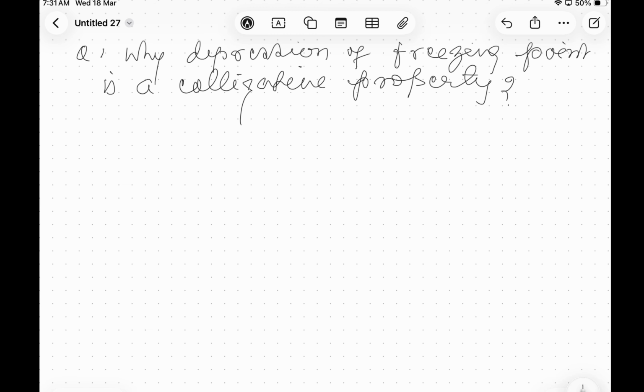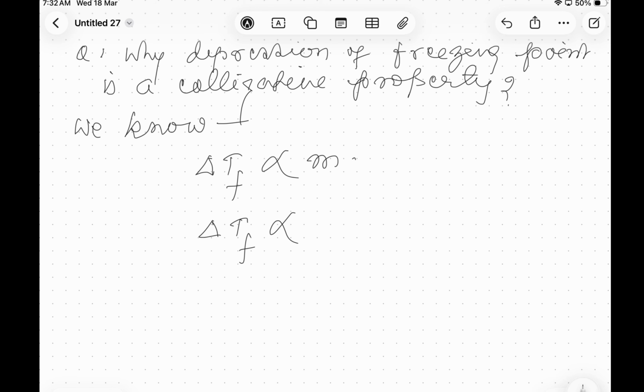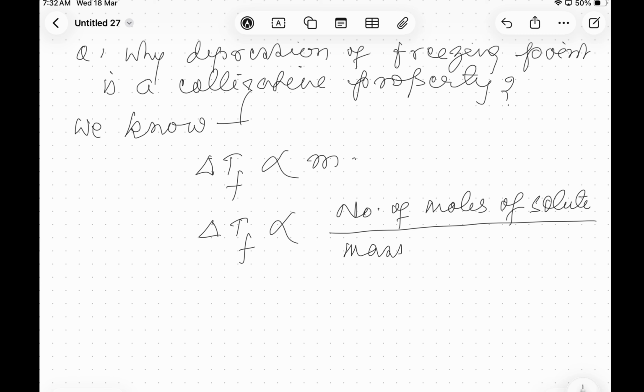The answer is very simple. We know delta TF is directly proportional to m, and delta TF is directly proportional to number of moles of solute by mass of solvent in kilogram.